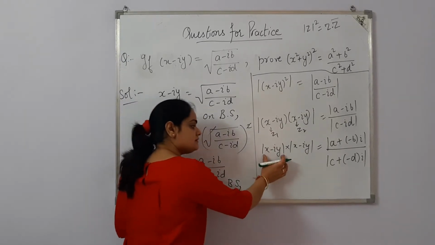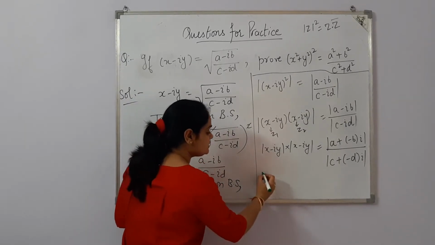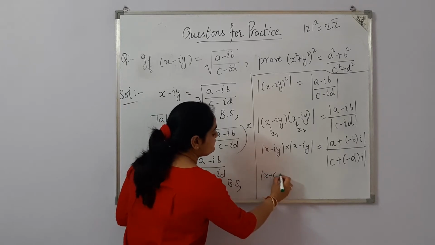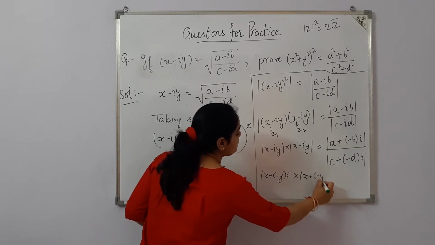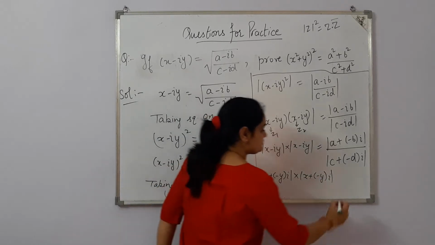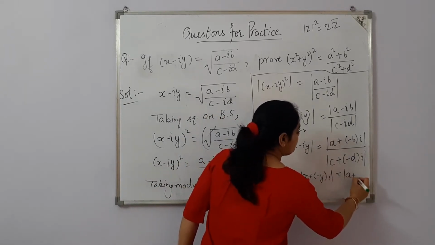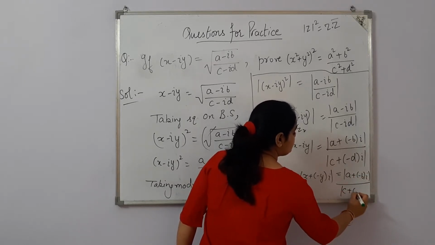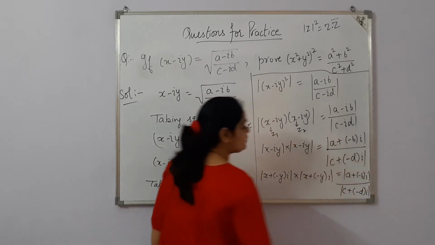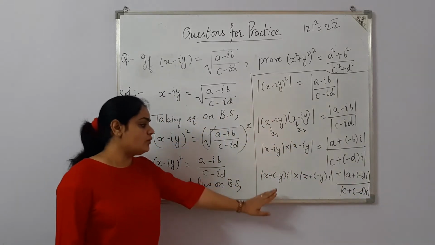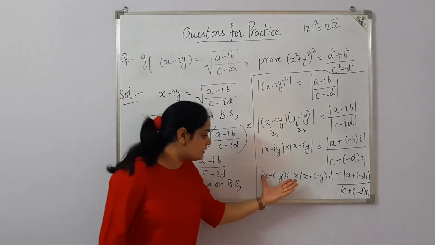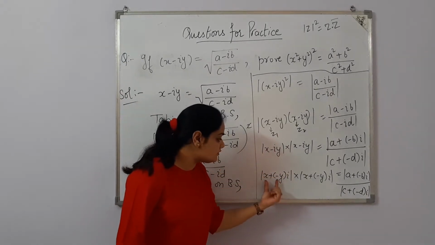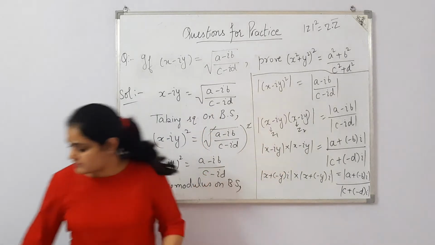Again this is not in standard form, we need to change it into the standard form. x plus of minus y iota, x plus of minus y iota, here a plus minus b iota and c plus of minus d iota's modulus. So now we have different terms with their modulus, and we need to calculate their values.